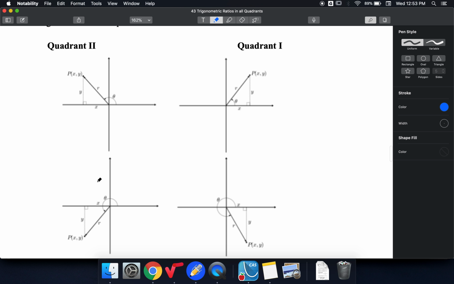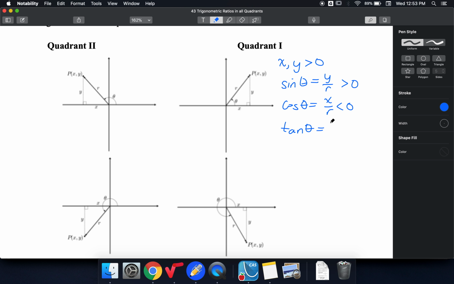Depending on the quadrant, that's going to determine what is positive and what is negative. In quadrant 1, x and y are both greater than 0. That means my sine ratio, y over r, will be positive. Cosine will be x over r, which is positive. Sorry, I said negative.